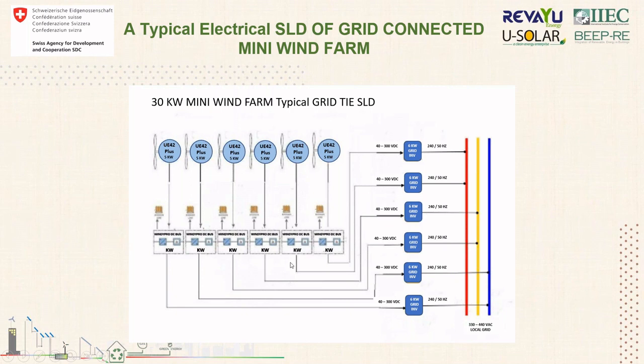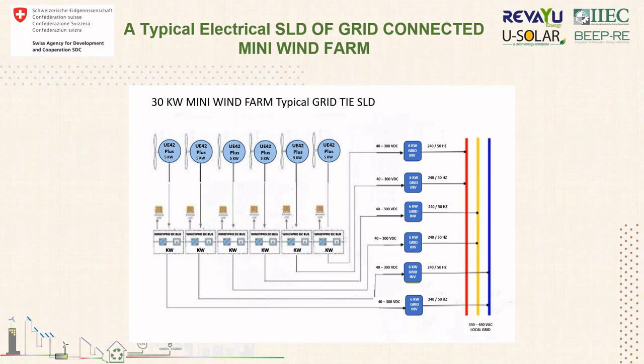Why do we need to do so much? Why we can't make a single string is because, unlike solar, wind is very dynamic. The voltages can vary hugely within seconds, and the peaks and lows are quite extreme.